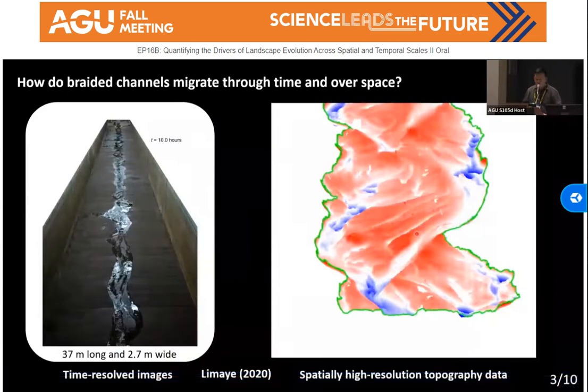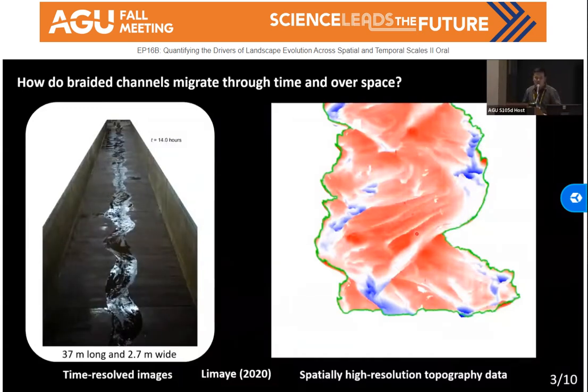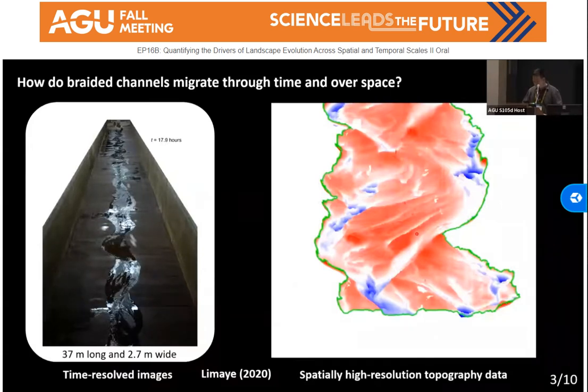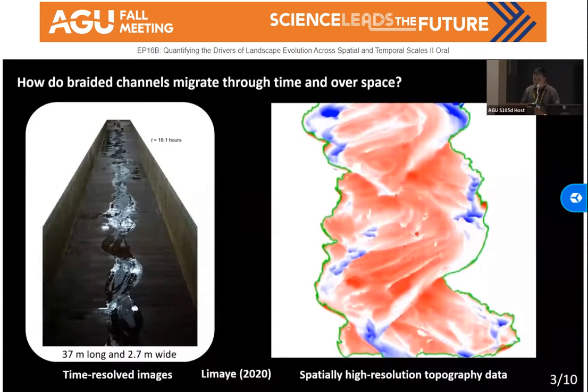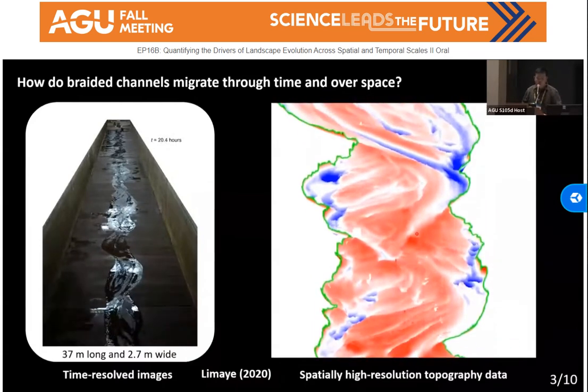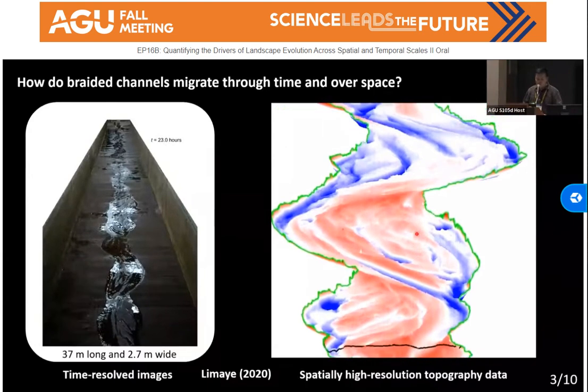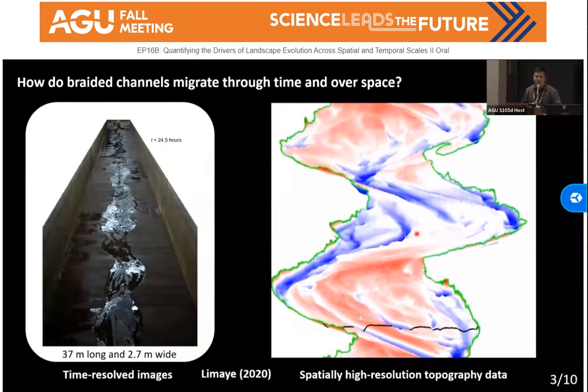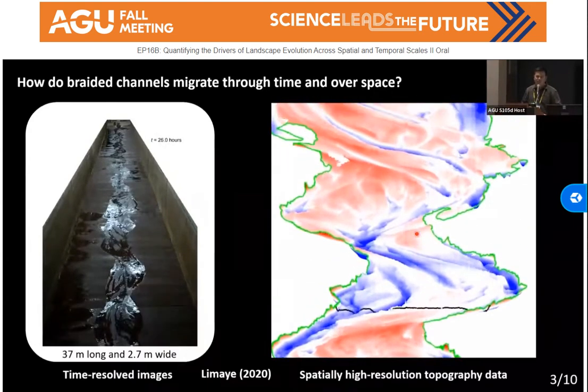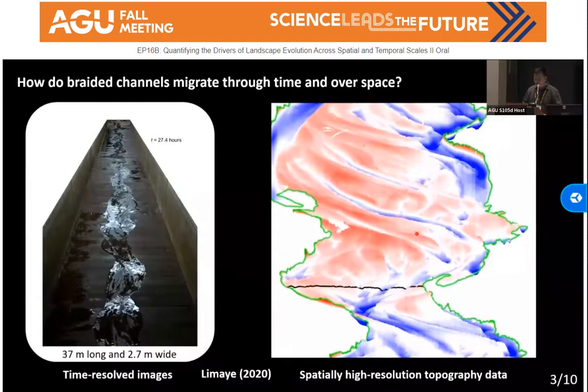This offers an opportunity, because such a long distance can suppress the boundary effect at the basin inlet and also the outlet. On the right, I show the topography. The red is the bars, and the blue is the channel threads. With this kind of data set, we hope we can extract channel motion over time and also over space.